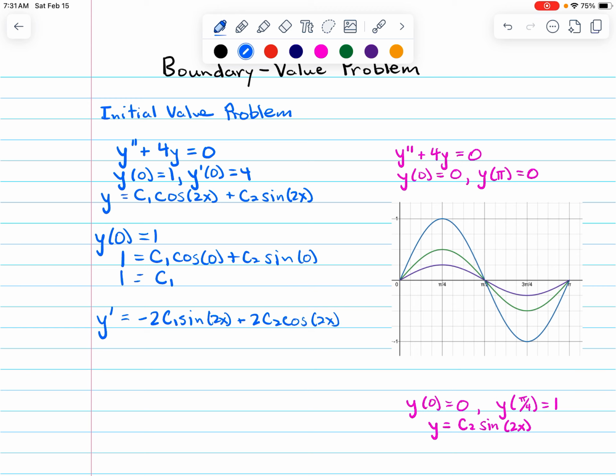Now when I put in a 0 there, y prime of 0, I'm told I get a 4. So here's what I get: 4 equals negative 2C1 sine of 0 plus 2C2 cosine of 0, which is 1. So I get that C2 is equal to 2.